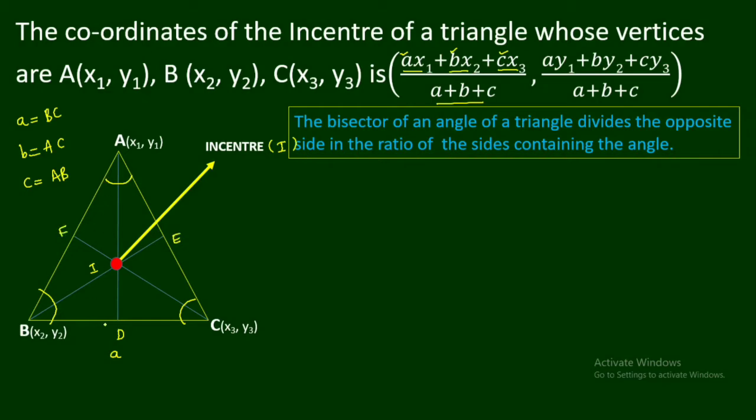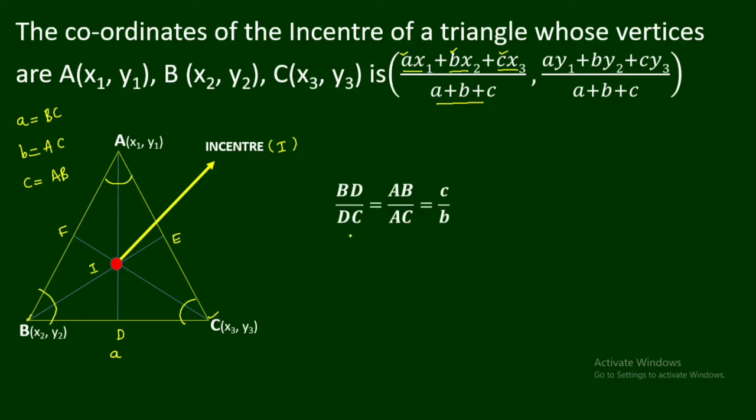This AD will divide the side BC in the ratio of the other two sides, AB and AC, that means BD by DC is equal to AB by AC. But what is AB here? AB is c, and what is AC here? AC is b. So BD by DC is equal to AB by AC is equal to c by b.